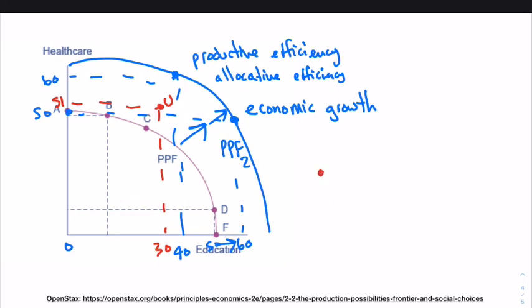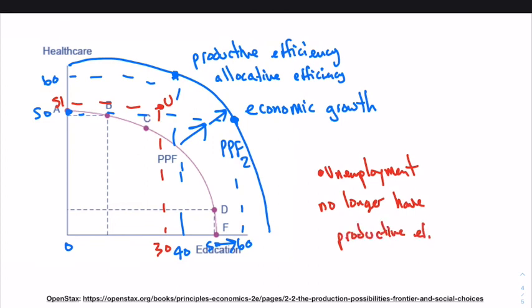And so point U is what we would call unemployment. And at point U, we no longer have productive efficiency. And that is our production possibilities frontier.